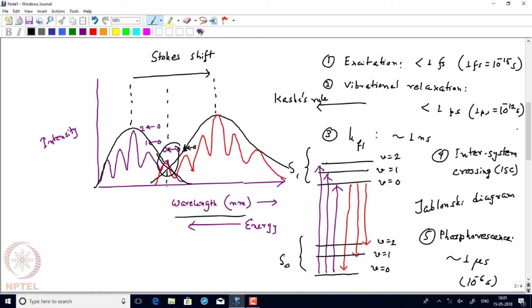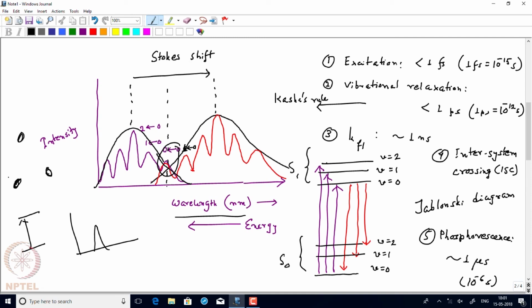Suppose one molecule is there, and one particular transition corresponds to that molecule, which has a corresponding absorption in the spectrum. Suppose I'm showing this as one molecule, and this as another molecule.